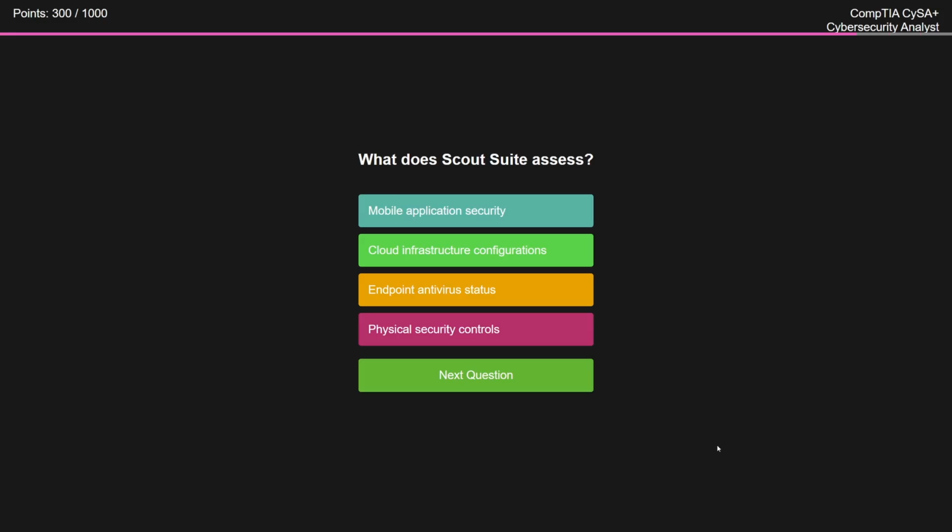What does Scout Suite assess? Mobile application security, cloud infrastructure configurations, endpoint antivirus status, or physical security controls. I'm going to give you the rest of this time to answer it. But I already know what the answer is. So the answer is going to be cloud infrastructure configurations.